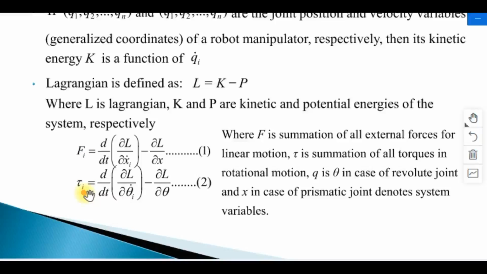In the case of force, it is the derivative of del L by del xi dot minus del L by del x. Similarly, F is replaced with tau: d/dt of del L by del theta i dot minus del L by del theta.